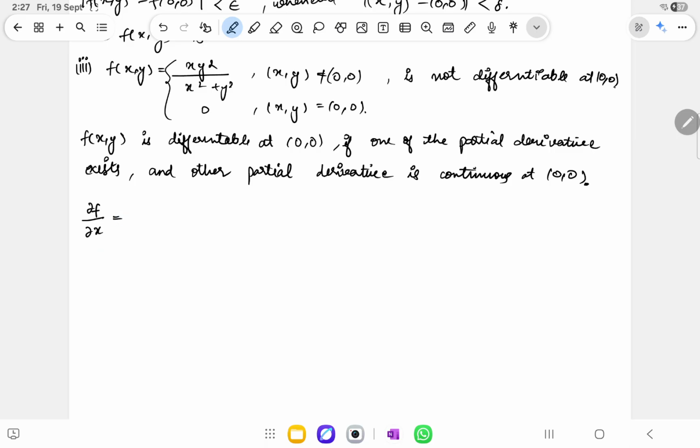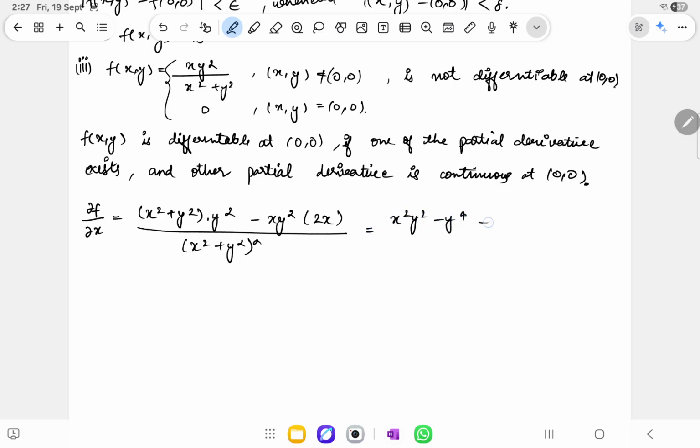If we find it with respect to x, it will be x square plus y square into y square minus x y square into 2x, divided by x square plus y square whole square, and this will be equal to x square y square minus y raised to 4 minus 2x square y square divided by x square plus y square whole square.